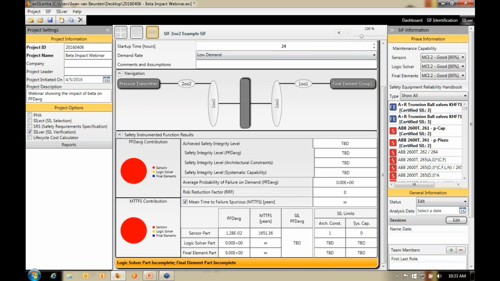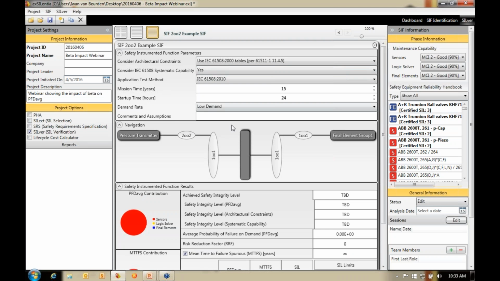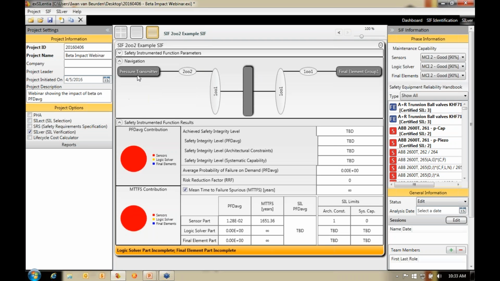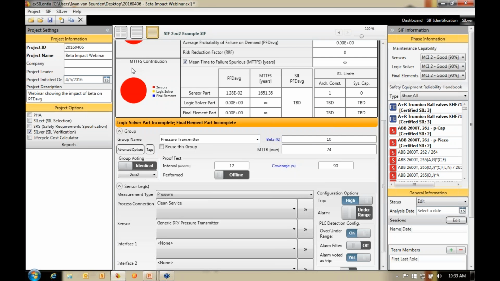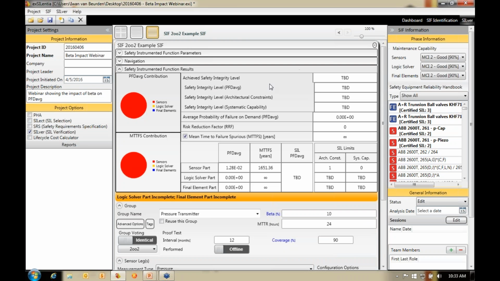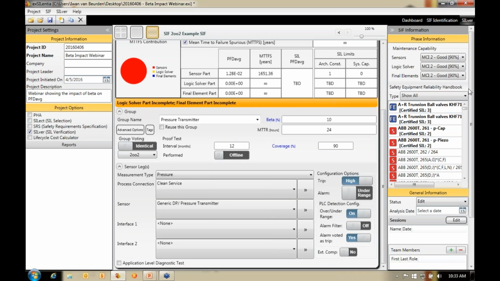Let's go to the 2 out of 2 scenario. Ignore the top parameters. We'll close the navigation pane here and just look at what we see here. We see there's a 2 out of 2 configuration, the same parameters, all the selections are the same, and we're going to focus on the average probability of failure on demand and the common cause factor.